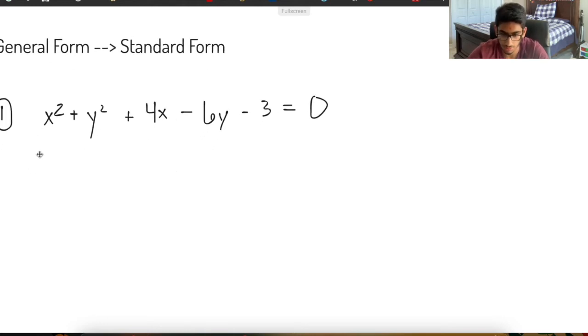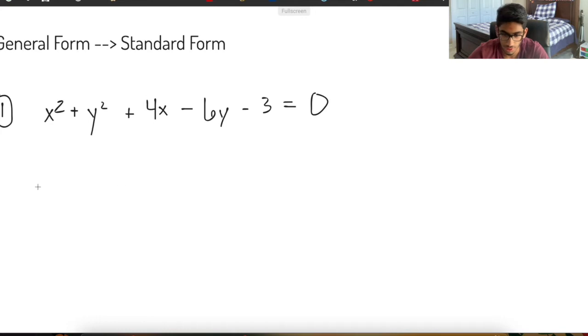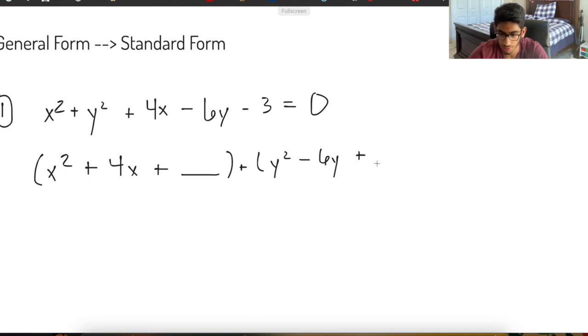So for example, we would do x^2 + 4x and leave a blank, plus a little blank in parentheses, plus now you do your y group, y^2 - 6y, and leave another blank, equals.